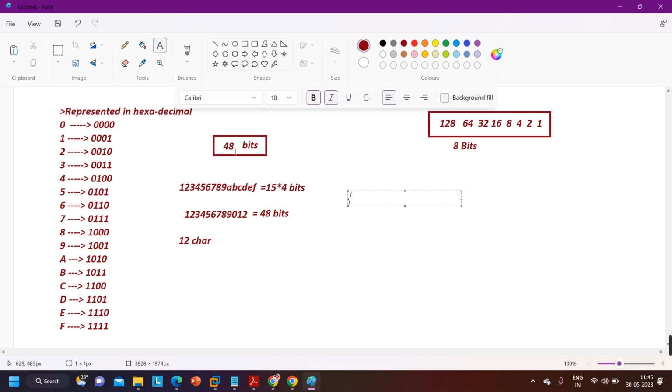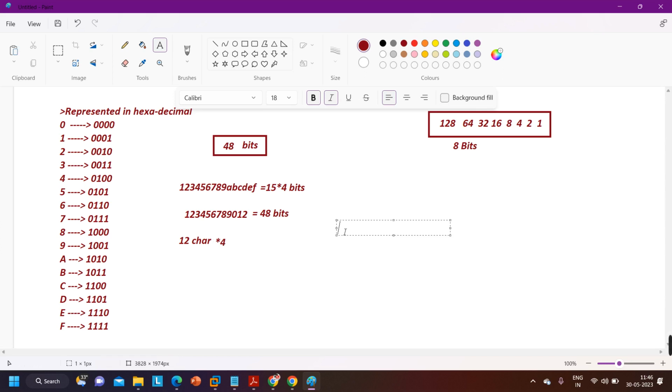And as you know, to represent one hexadecimal character, we need 4 bits. These are 12 hexadecimal characters, which means multiplying by 4 if you calculate it in bits. So it is a 48-bit address.